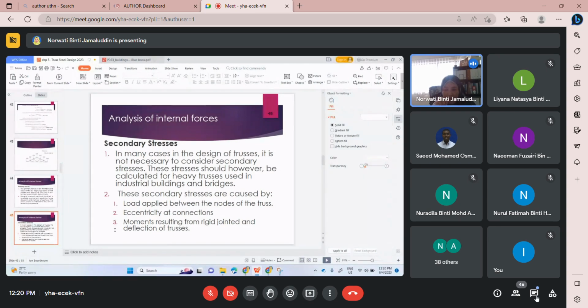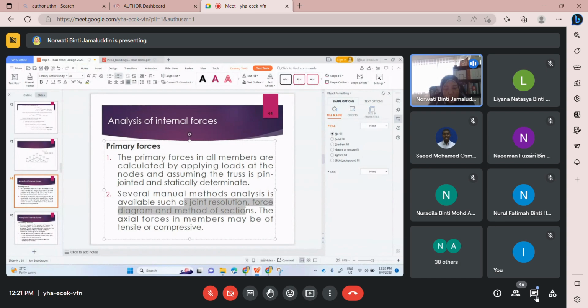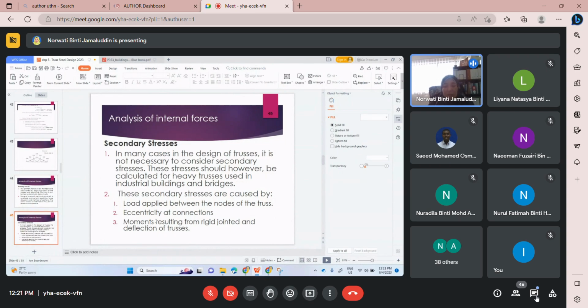Not only do you need to consider axial load coming from the primary force, from joint resolution, diagram or method of section, but you need to consider also secondary stresses because of the bending.